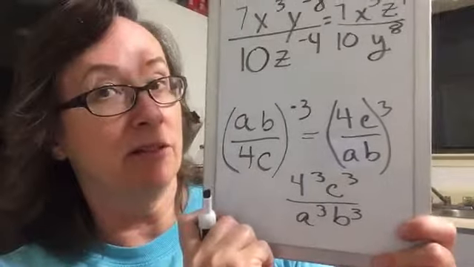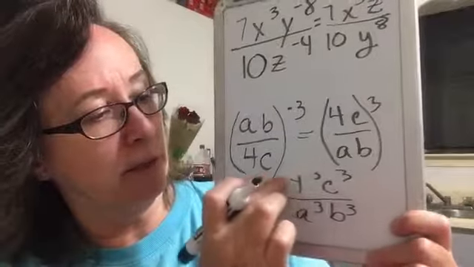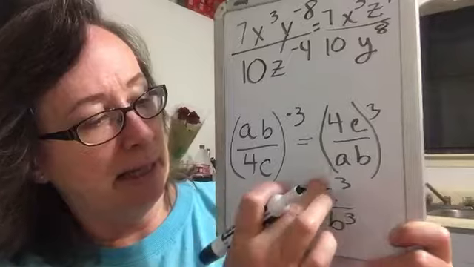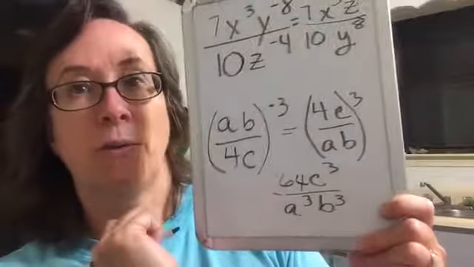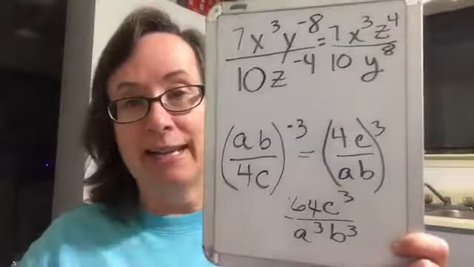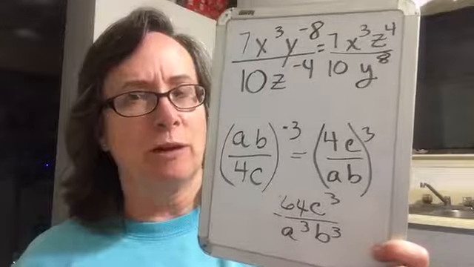The only thing that I can do there is simplify the 4 cubed and make it a 64. So that is the final answer there. We'll come back with a little bit more complicated combination type problems in a minute.